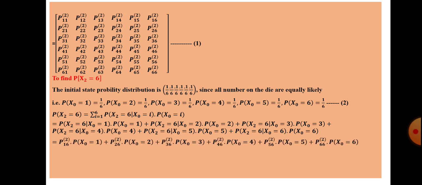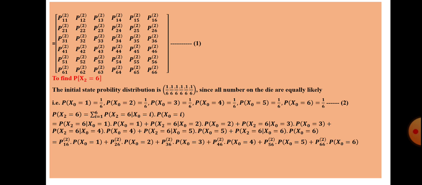From 0 to 2, that is 2 stages, so it is P raised to 2. Here x2 equal to 6 and x0 equal to 1. When you look at the power 2, you have to check the stages: 0, 1, then 2, so 2 stages, that is why P raised to the power 2.